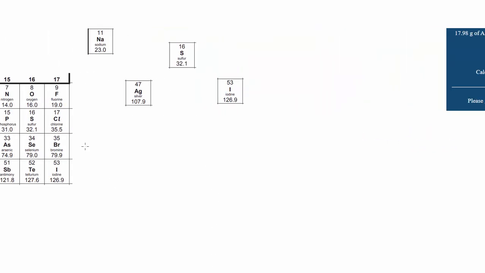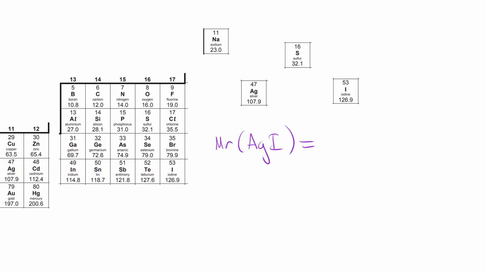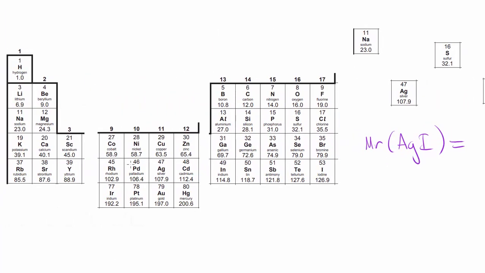So the MR of AgI, right? Again, this is not artificial general intelligence. The MR of AgI is equal to, so silver, you can see on here, these are just excerpts from the periodic table, silver is 107.9 and iodine is 126.9.